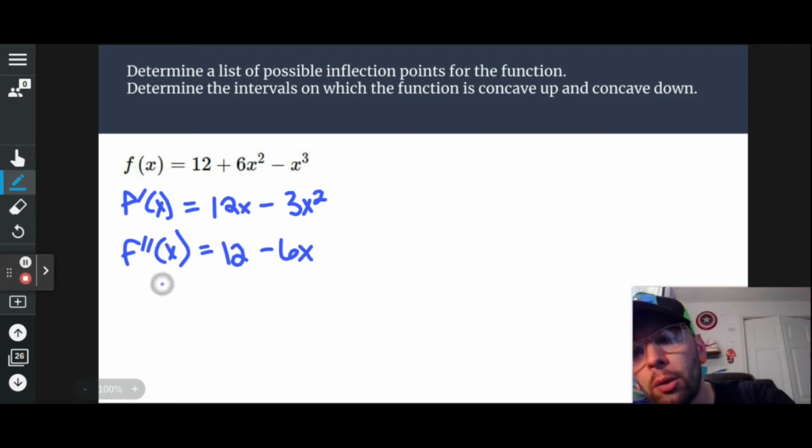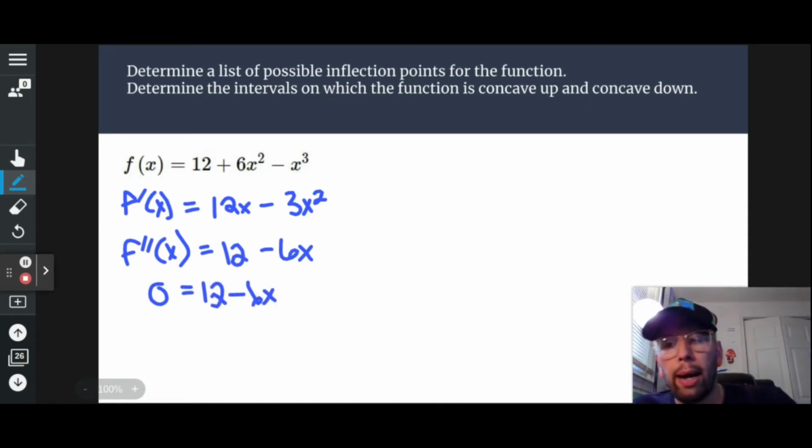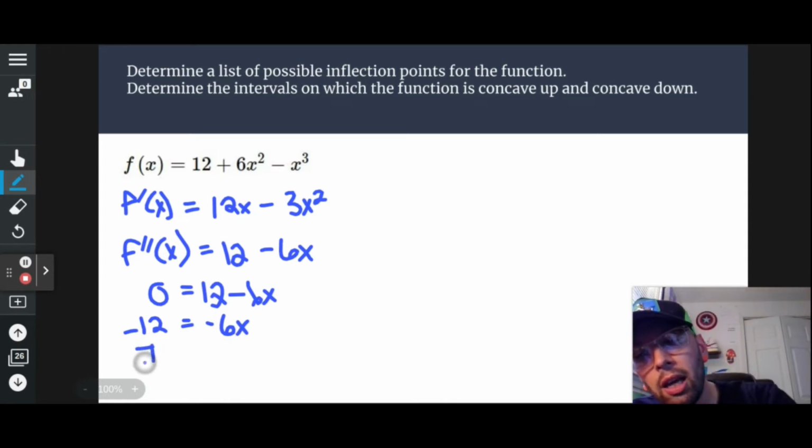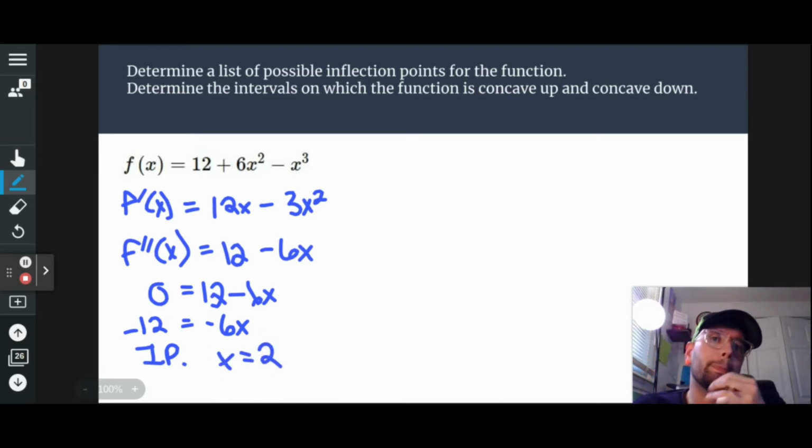Set it equal to 0. Subtract 12. Divide by -6. And your one and only inflection point is going to be 2. Or possible inflection point.